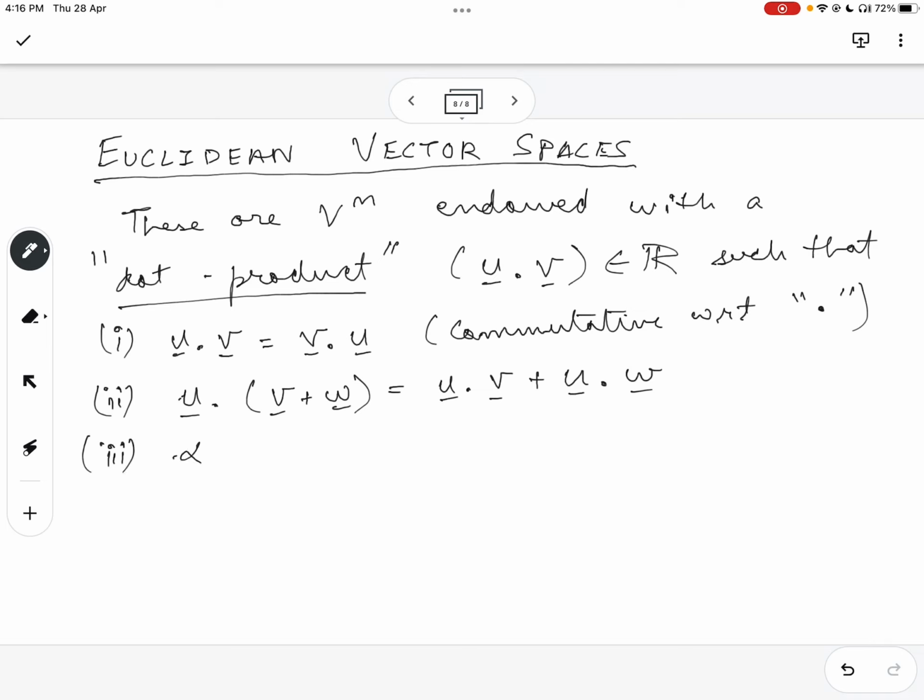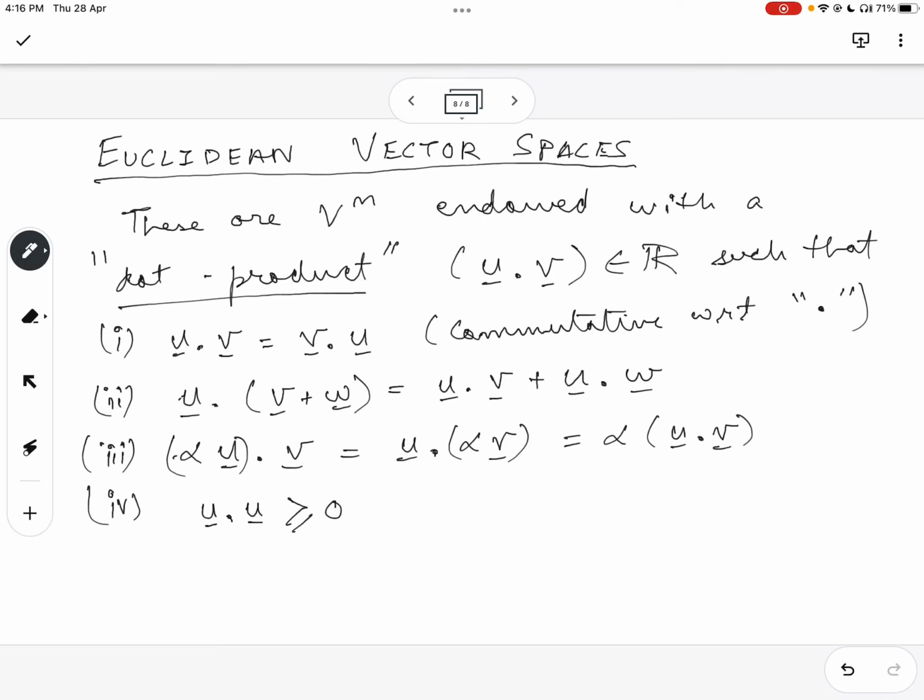The third is (alpha u) dot v is equal to u dot (alpha v), which is equal to alpha (u dot v). And the last is an important property: the dot product of a vector with itself is always greater than or equal to 0.